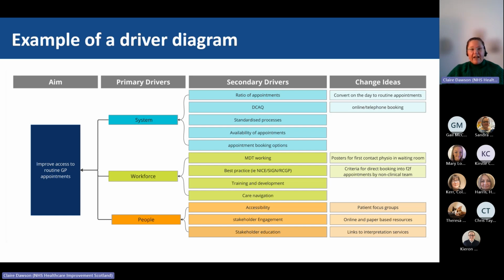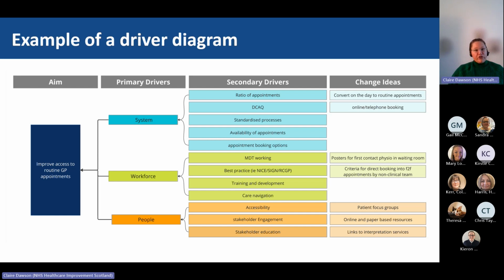They're usually really high level structural things like what we've got here is systems, workforce and people. If you have any more than sort of 4 primary drivers, you've probably got a more complex change idea, a more complex aim going on there, which you might want to think about separating out into keeping things small and manageable and realistic.